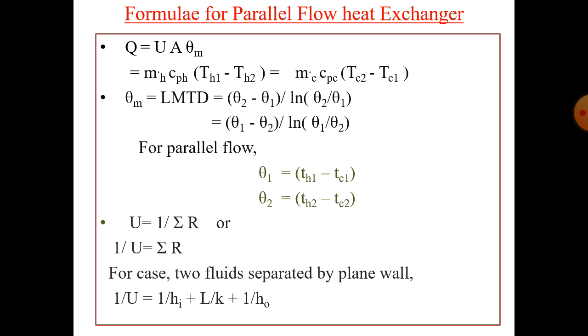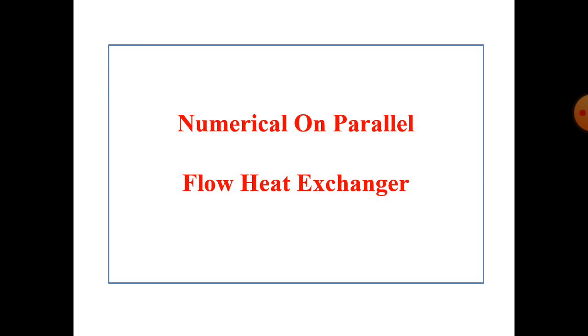For parallel flow, theta 1 is Th1 minus Tc1, theta 2 is equal to Th2 minus Tc2. Overall heat transfer coefficient, that is the reciprocal of thermal resistance, can be written as 1 upon U is equal to 1 upon Hi plus L upon K plus 1 upon Ho for two fluids separated by a plane wall. Now let us see one numerical on parallel flow heat exchanger.